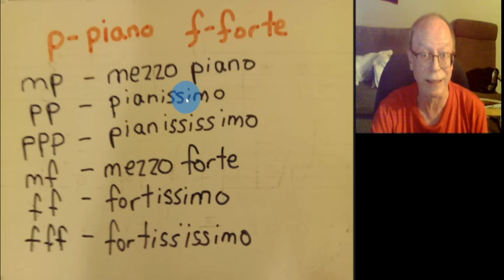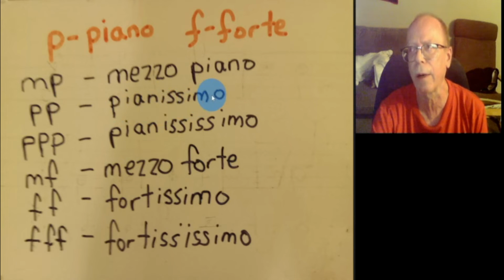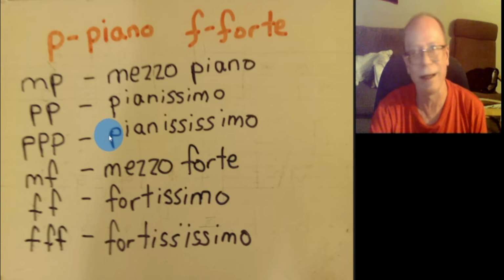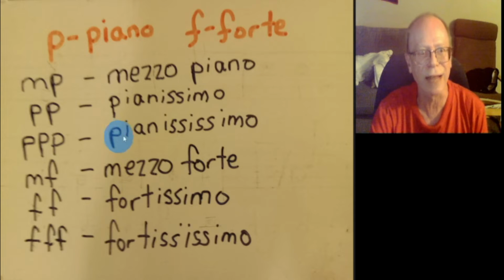Some of my pronunciations are going to be wrong, all right? It's even less volume. It's going quieter and quieter and quieter. And then you might even see this very rarely, but you might see it. 3 P's. And let me get this right. This is hard to say. Pianississimo. I don't know if I'm saying that wrong. So that's very quiet, all right?